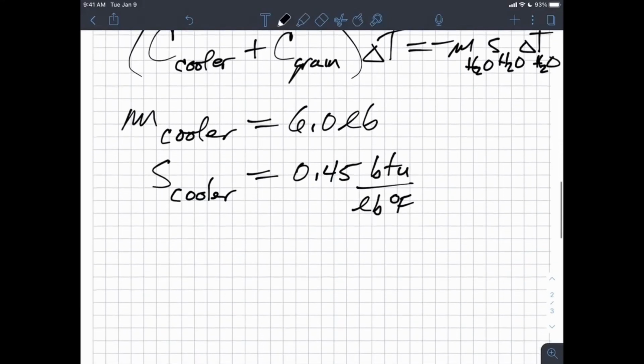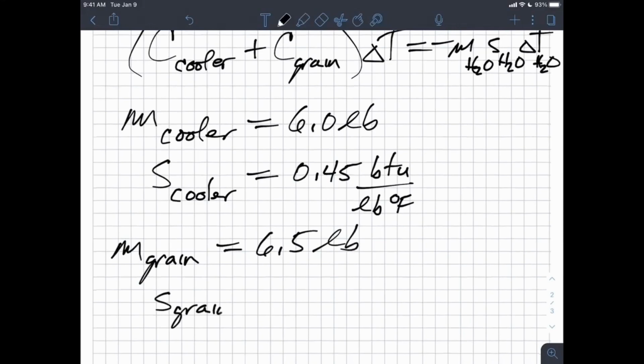Now, when I made that beer in the demonstration, the mass of the grain that I used was 6.5 pounds. And if we look up the specific heat of grain, the most accepted value is about 0.38 BTU per pound degree F. Now, you're probably saying, but we're scientists.